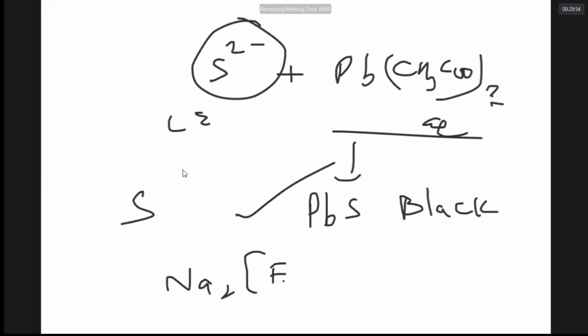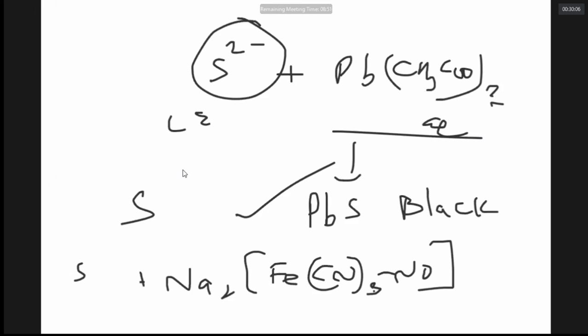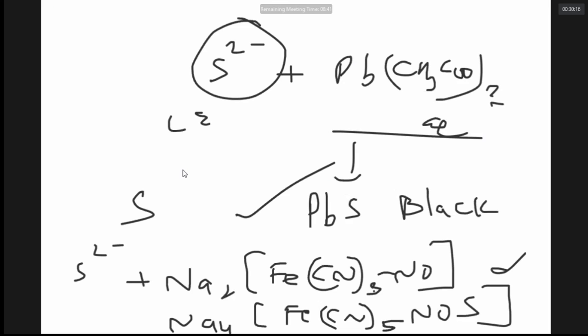Also in the laboratory, you have a liquid called sodium nitroprusside. It is represented by the formula Na2[Fe(CN)5NO]. When sodium nitroprusside is added to sulfide ions, it will become Na4[Fe(CN)5NOS], which has a deep violet color.